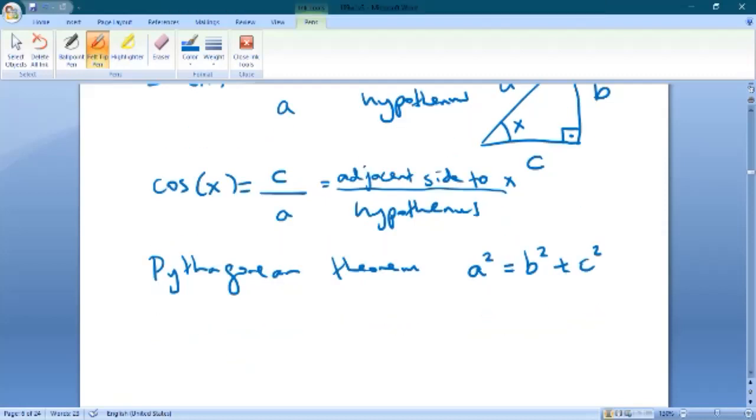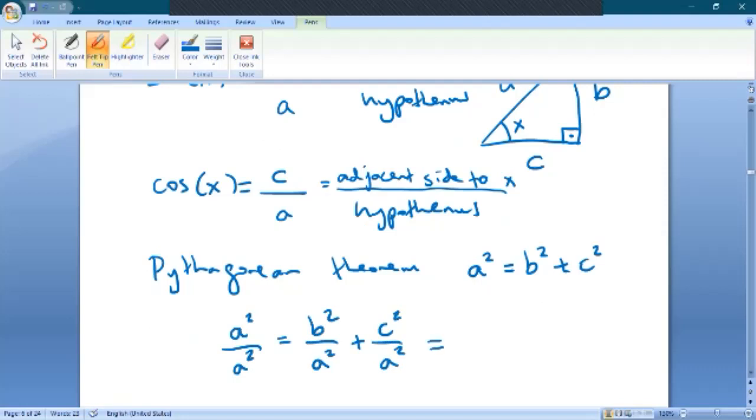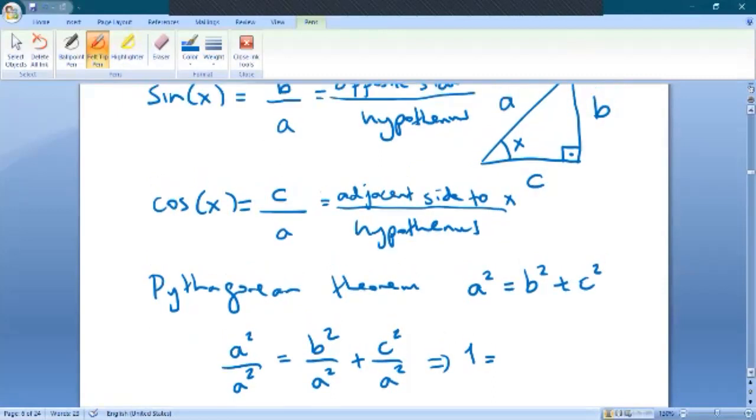And if you take this and divide it by A squared, you are going to have 1 equals, you know what is B over A here? We just wrote it. It's sine, right? B over A is sine of x, but we have it squared, plus, and what is C over A? It's cosine.